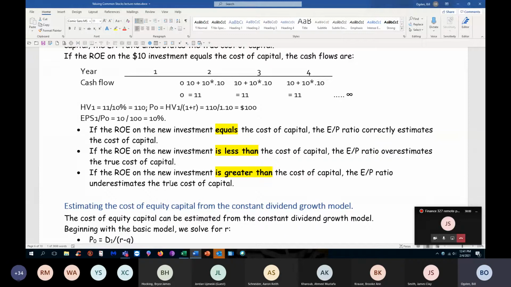So if you're in a regulated industry, basically if you want to change the rates you charge for electricity or gas or water, you go before the Public Service Commission of the city or whatever the district is, and you put up an argument saying that I need so much more to meet my costs, and they might grant you the rate increase or they might not. But anyway, your ROE is regulated.